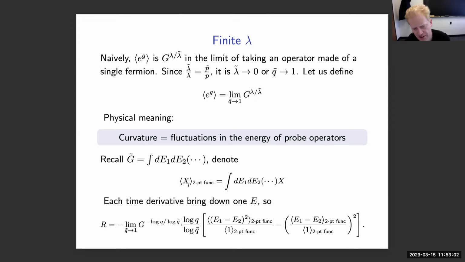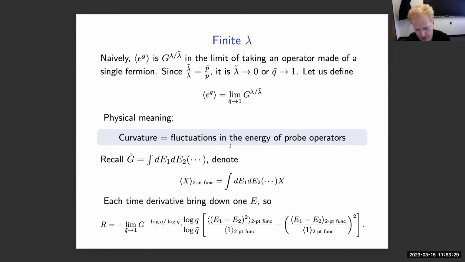So let me define expectation values with respect to this two-point function. By this, I'll just mean that for any insertion x we will do the same two-time integrals with the same integrand that we had in the two-point function, but we will also insert x in the integrand. This just defines the expectation value of x in the two-point function.